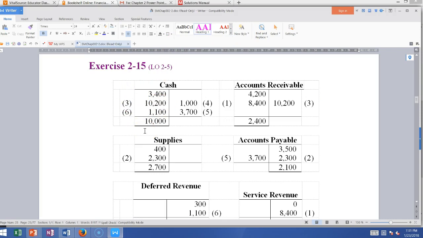Again, remember it's a normal debit account, so we hope it's got a debit balance. Accounts receivable, we total our debits, total our credits, we should end up with $2,400 debit. Okay? Supplies, we should have a debit of $2,700.